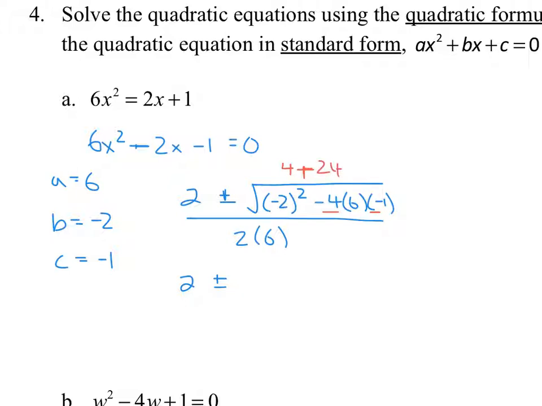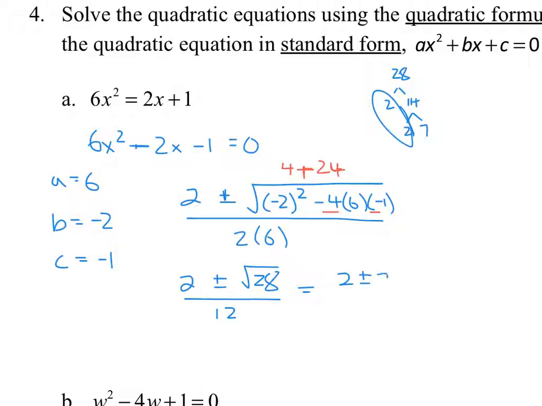And so 4 plus 24 gives us 28 inside the radical over 12. And now we want to simplify our radical. So 28, if I break it down, it's 2 times 14, 2 times 7. So we have a pair of 2's and a 7 that's going to stay inside. So we get 2 plus or minus 2 radical 7 over 12.